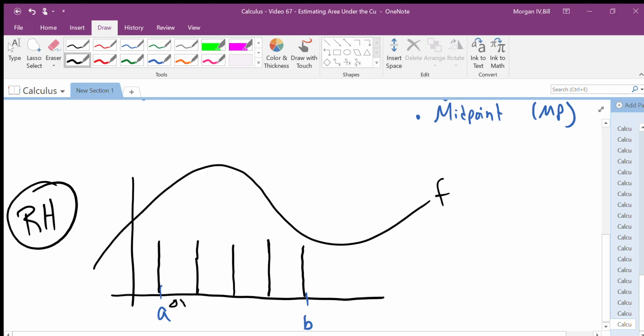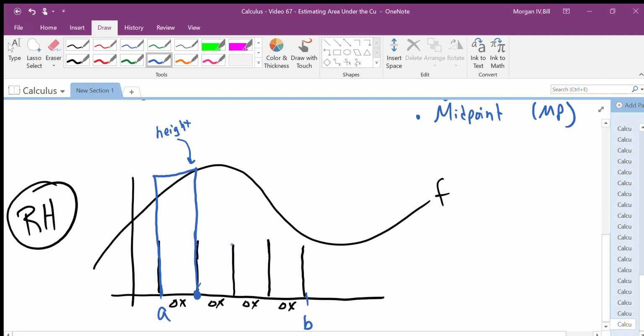Again, delta x for the width of each rectangle. But this time, the height will be determined by the right-hand most point of every rectangle. So in my first rectangle, that's this point over here. So the height will be here, determined by the right-hand side.